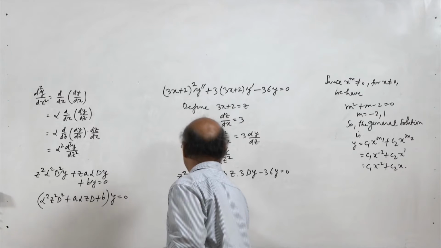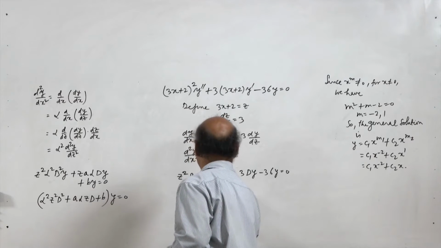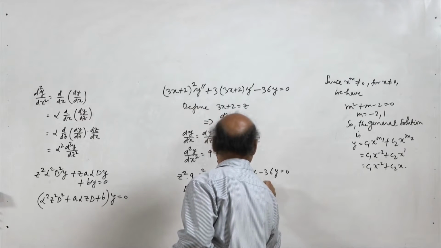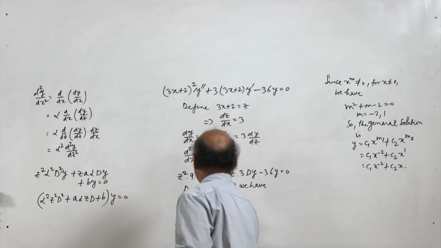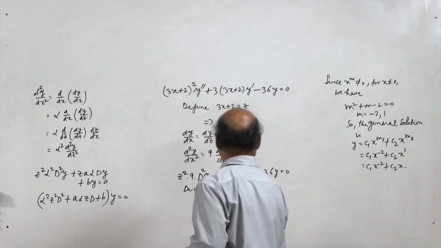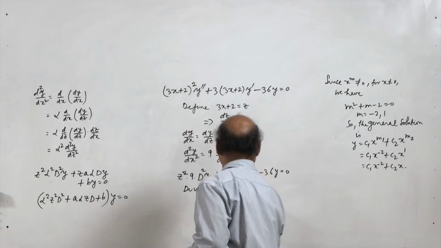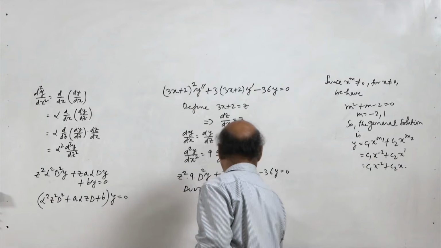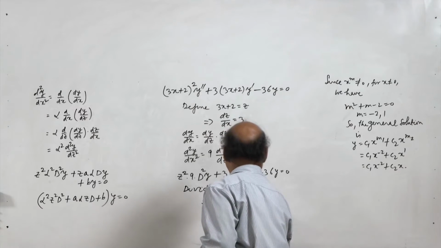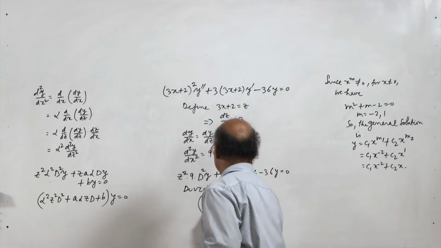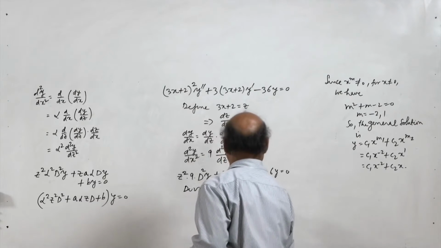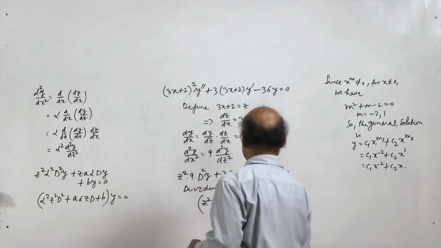So, dividing by 9, we have z square d square y plus z dy minus 4y equal to 0.